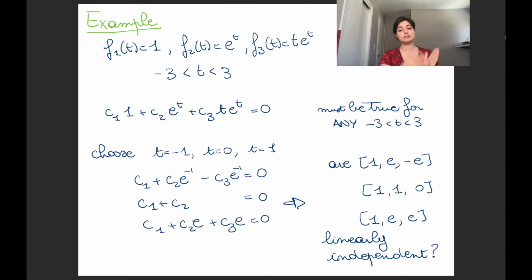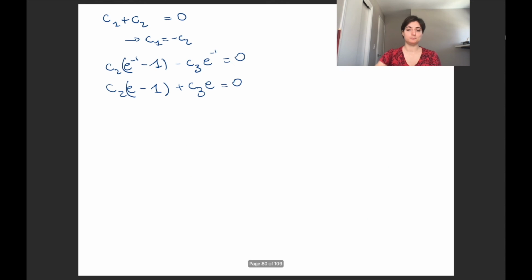Notice that this is equivalent to saying that we have 3 vectors, one being (1, e^-1, -e^-1), then the other one being (1, 1, 0), and the third one being (1, e, e). Are they linearly independent? And if you do the calculations, well, one equation just tells you that c1 is equal to minus c2.